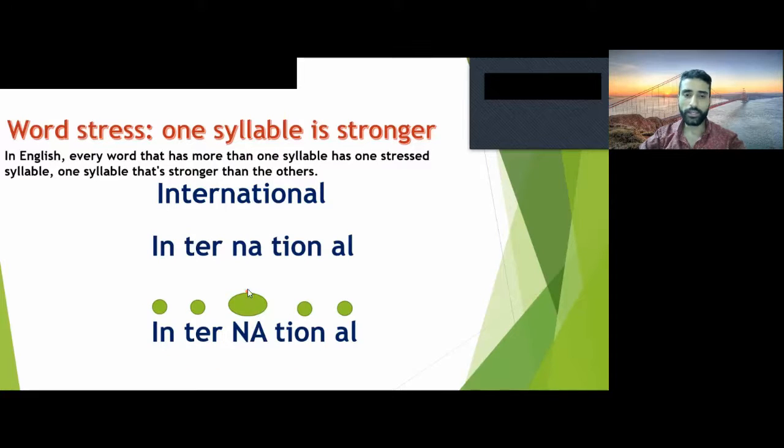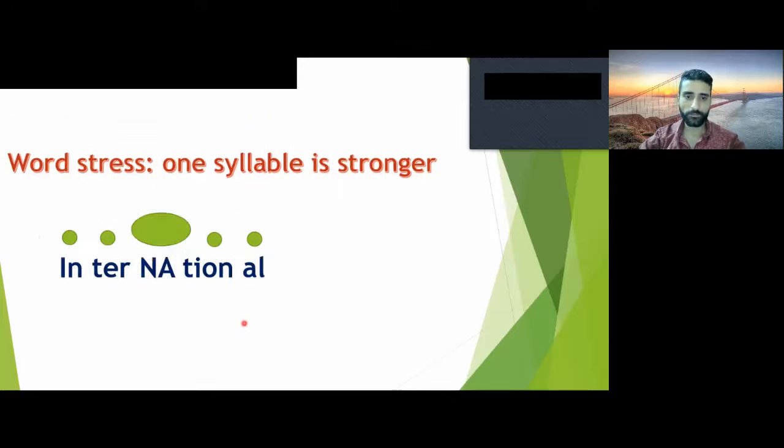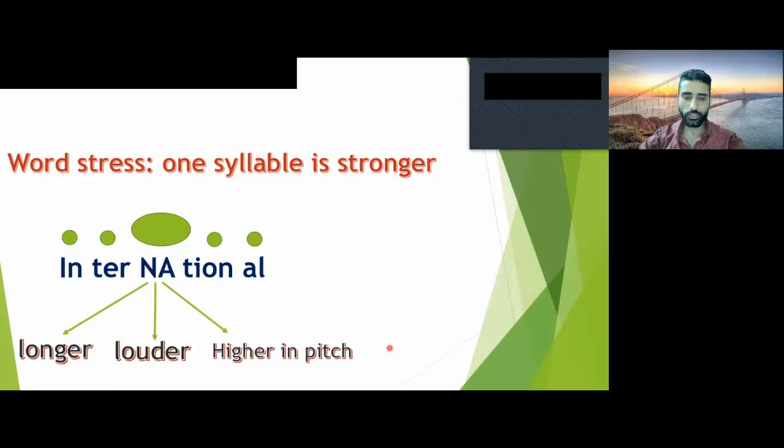So we say that it's a stressed syllable. A stressed syllable is a syllable that is stronger than the other syllables. This stressed syllable is longer, louder, higher in pitch, and its vowel is clearer.